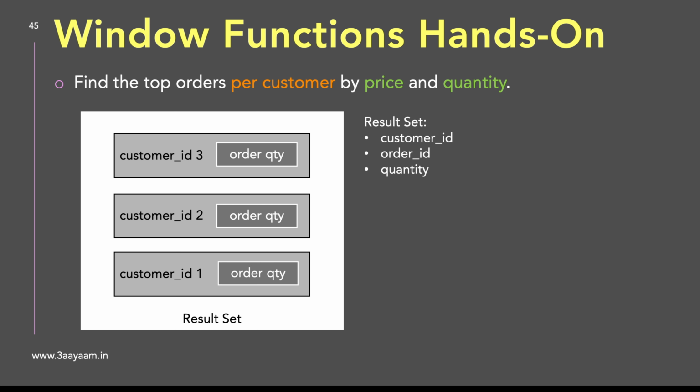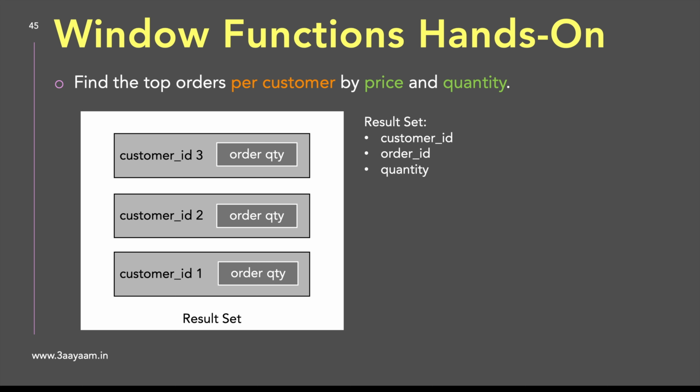Let's say if the business statement had been like find the top orders per customer by price and quantity for country India, for country USA, etc., then there would have been a where clause. But right now, I want to find out the top orders per customer for all the countries and all the orders. So that's why in the result set we'll have select customer ID, order ID and quantity.